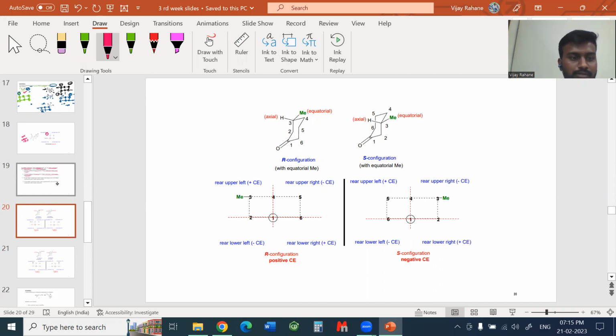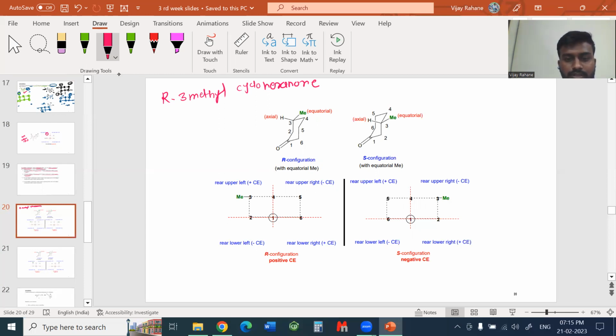So what they have given, the name of the compound is R3 methyl cyclohexanone, which shows a positive quadrant effect, right?